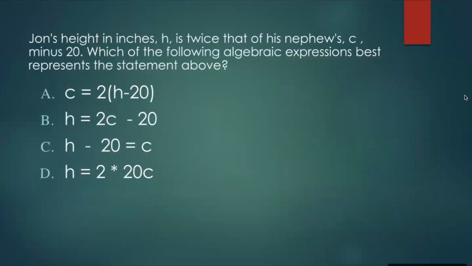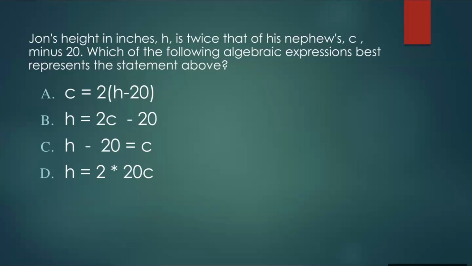Alrighty, so John's height in inches, h, is twice that of his nephew's c minus 20. Which of the following algebraic expressions best represents the statement above? Right, so we are trying to write out an equation that represents how to solve when we are given actual numbers for at least one of the variables. So John's height in inches is represented by the variable h.